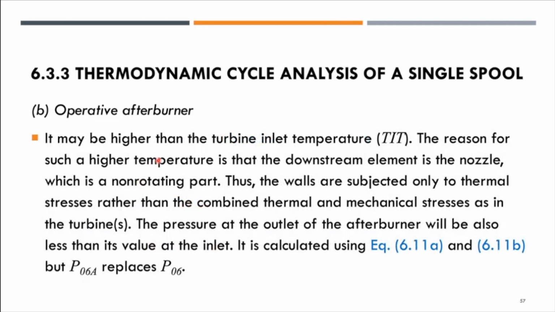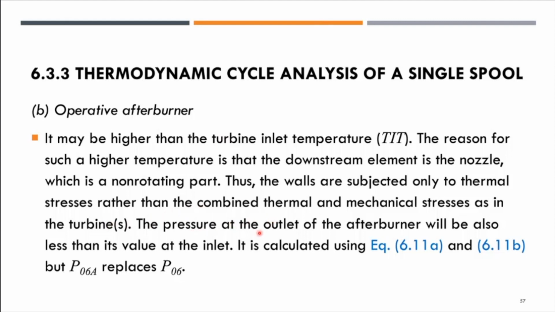So it may be higher than the turbine inlet temperature. The reason for such higher temperature is that the downstream element is the nozzle, which is a non-rotating part, so the walls are subjected to only thermal stresses rather than the combined thermal and mechanical stresses as in the turbine.